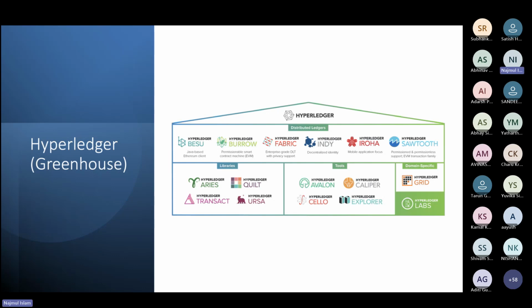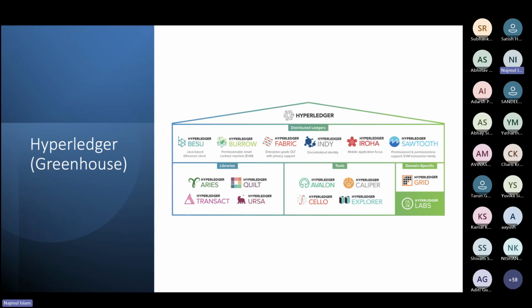And in this figure, you can even see different ledgers have different types of use cases. For instance, if you are developing things related to decentralized identity, then most likely Hyperledger Indy would be a good choice. Then Hyperledger Iroha is about mobile application focus. And so on.